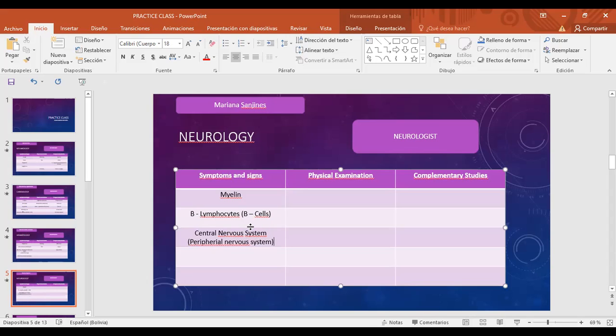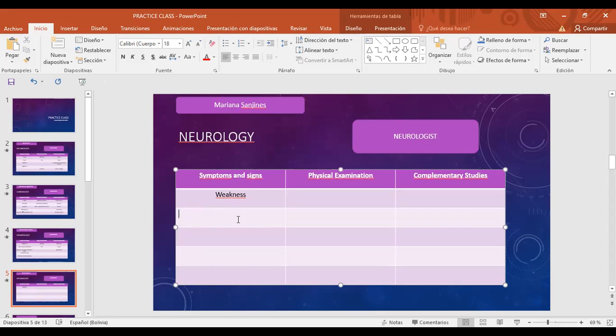Actually, you're going to see a lot of patients with this kind of disease, right? So the central nervous system and the peripheral nervous system are affected. So this person might have weakness, right? Yes, in the muscles. Great. So weakness, and what else would this person have?